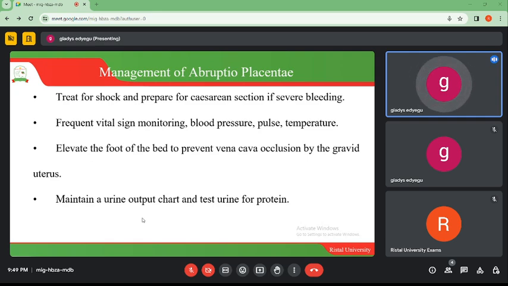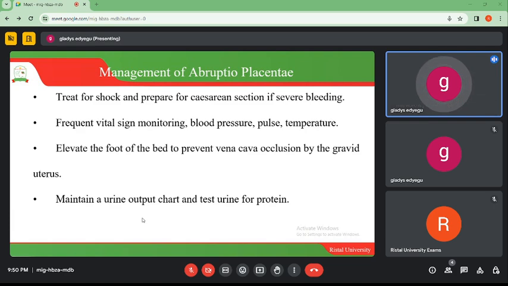Frequent vital sign monitoring, the blood pressure, pulse, temperature should also be done consistently. Elevate the foot of the bed to prevent vena cava occlusion by the gravid uterus. And we know the vena cava is the one that is providing enough circulation to the brain, to the vital organs, and also for the fetus.